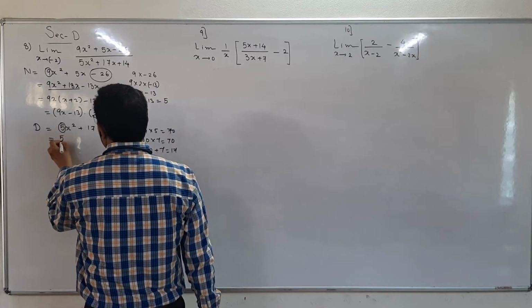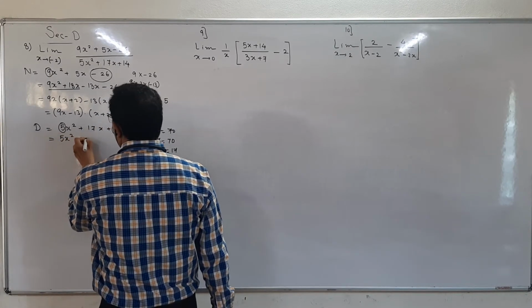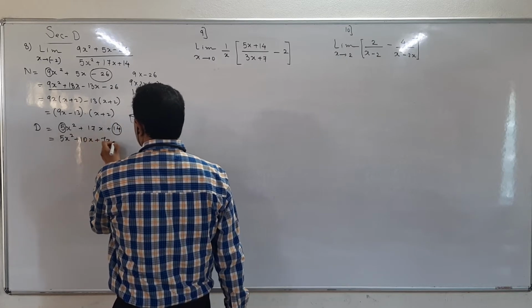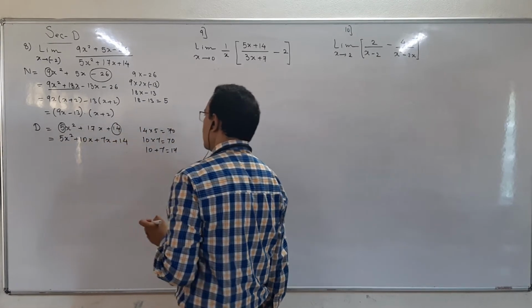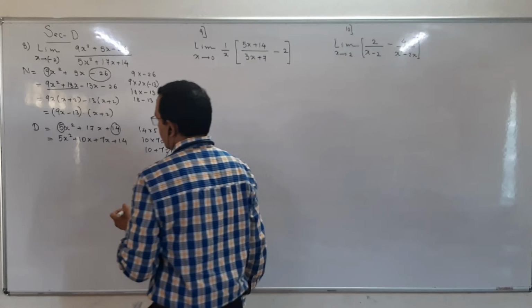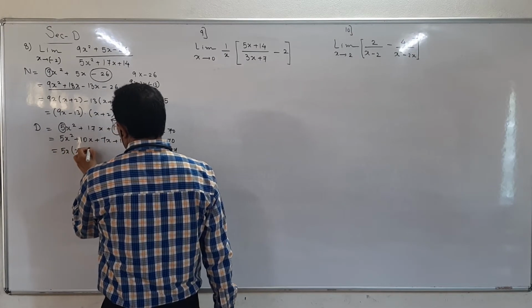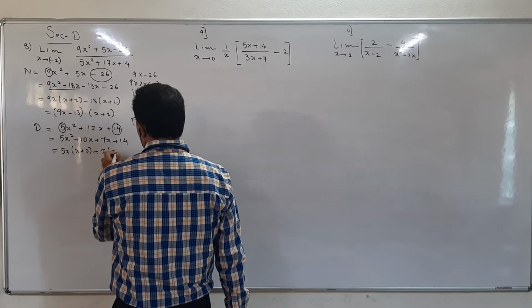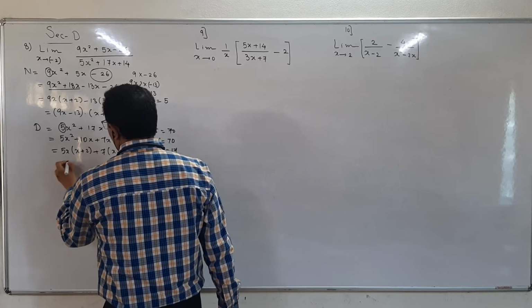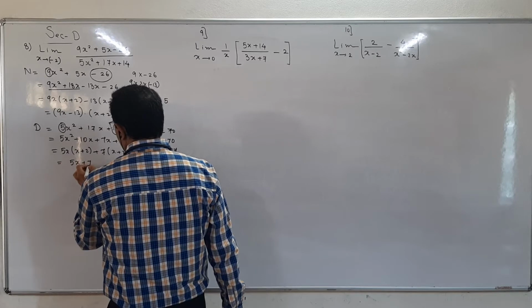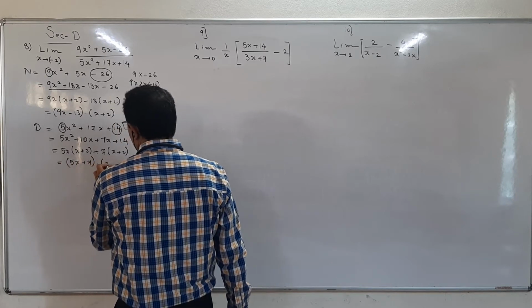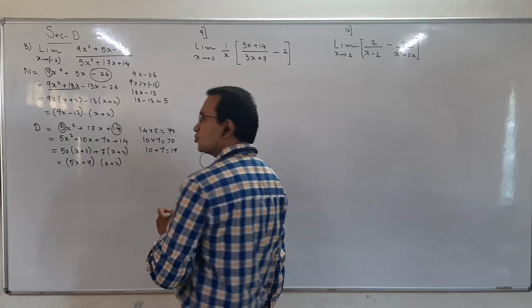So this is written as 5x² + 10x + 7x + 14. Taking 5x common from the first two terms, so (x + 2), taking 7 common, so (x + 2). So this is (5x + 7)(x + 2).